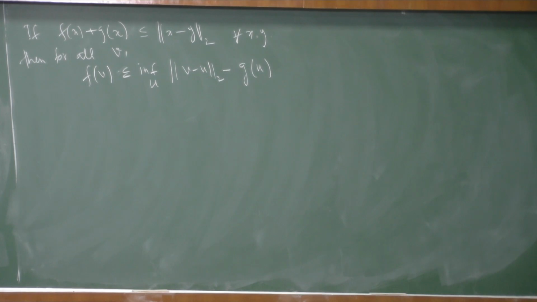Yeah, if this is true, then for all v, we can write fv is less than or equal to the infimum of the norm of v minus u minus gu. Basically, I replaced x with v in fx plus gy, right?